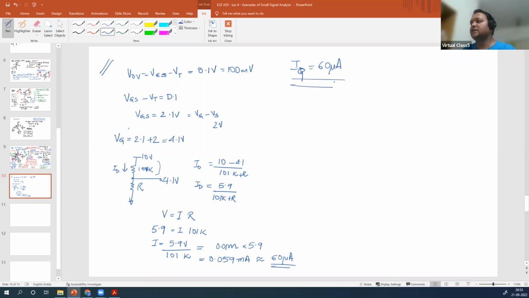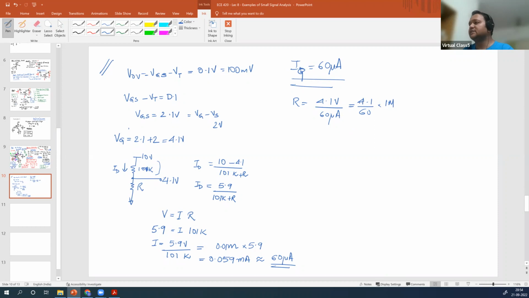Now that you have found IG, you can find out what is the value of R. R is equal to 4.1 volt divided by 60 microampere. How much is that? 4.1 by 60 times 1 mega ohm.